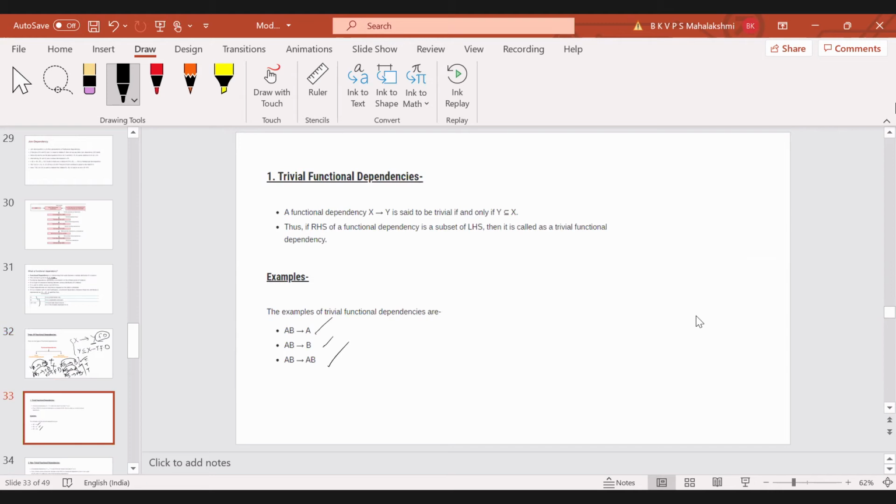First of all, you have to know what functional dependency is, and then write down the types of functional dependencies. Those are of two types: trivial functional dependency is the first one, and the second one is non-trivial. We have to note down the definition, then put examples for that.